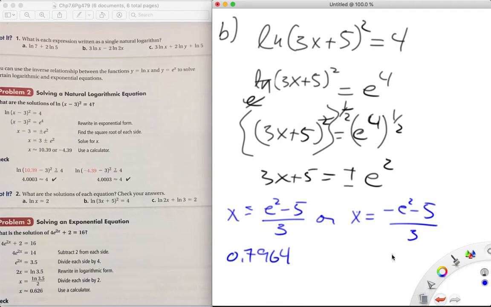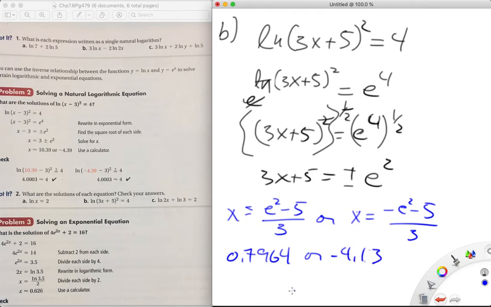And then negative e squared minus 5, divided by 3, and I get 4.13.